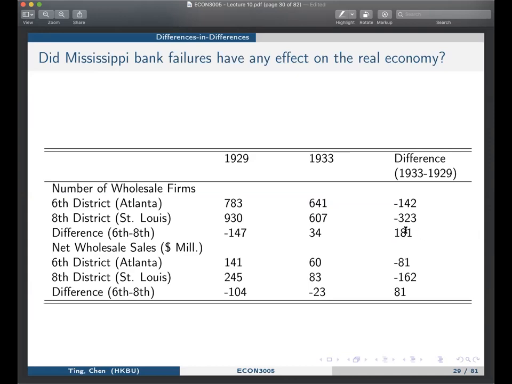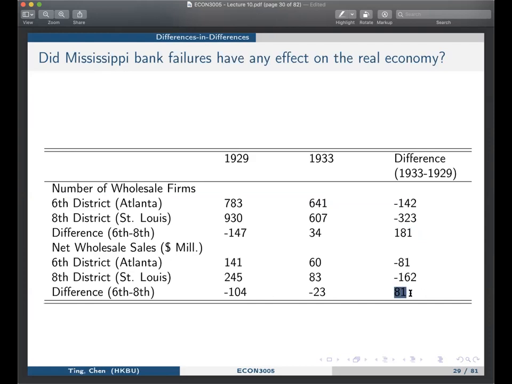So the difference-in-differences estimate gives us that the number of wholesale firms is 181 more in the treatment group if the district's banks received lending from the Federal Reserve. Same for using the net wholesale quantity as a measure, right?